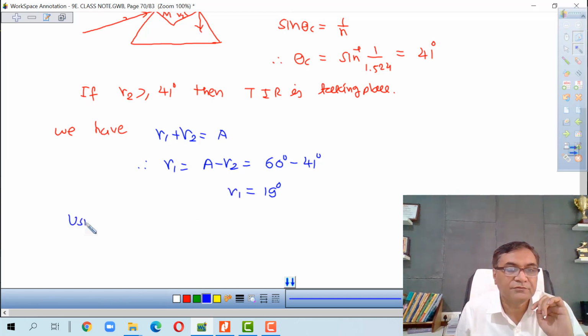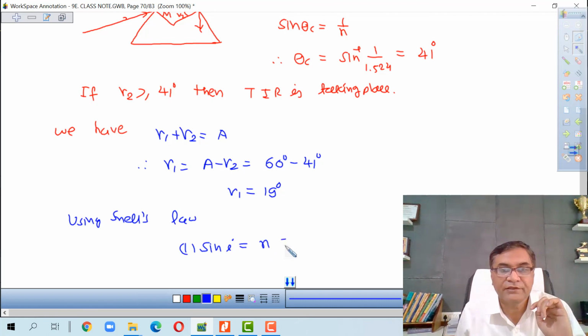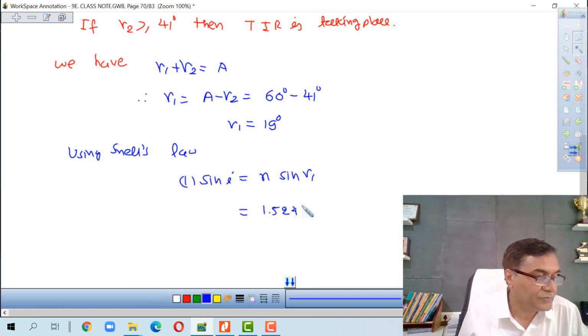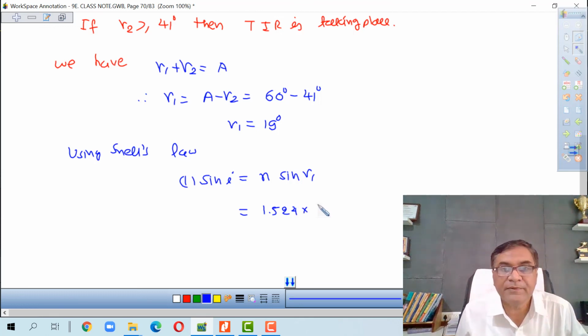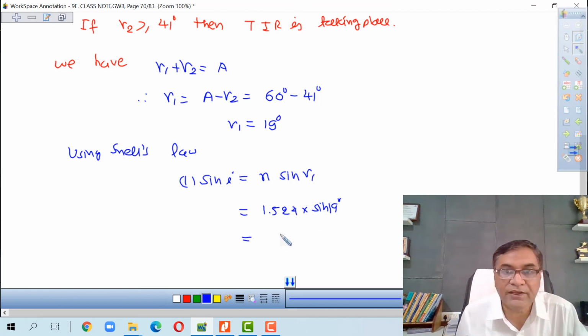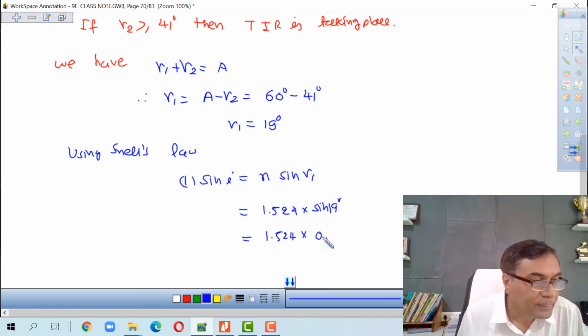Using Snell's law, 1 sin I is equal to n sin R1. Okay, so n is equal to 1.524 multiplied by sin R1, which is 0.3256.